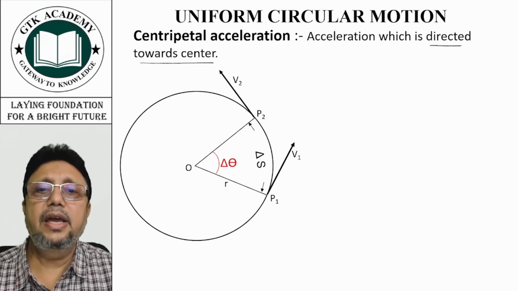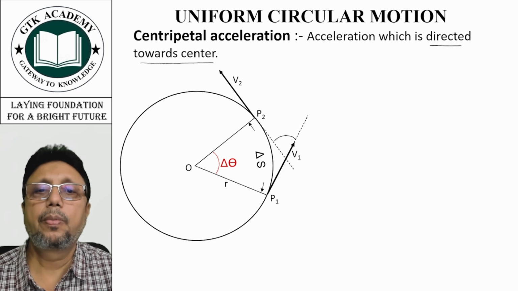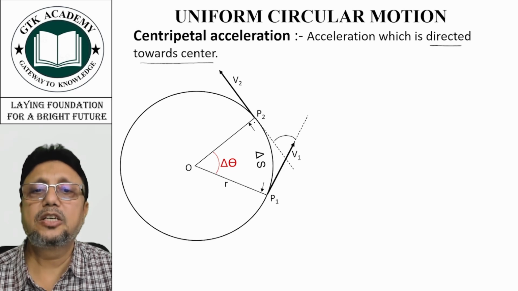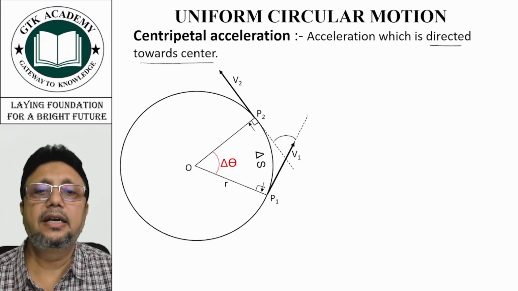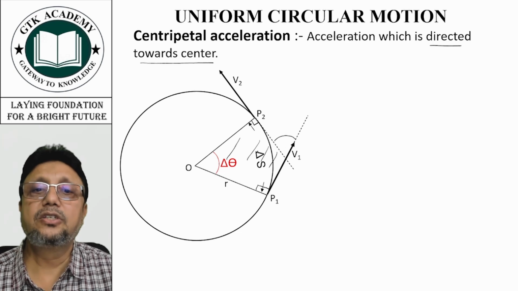Now, if we extend the direction of V1 and V2 like this, what is the angle between V1 and V2? Can you guess? Just pause the video and guess. I think some of you must have guessed it correctly. See, this angle is 90 and this is 90. So this is a quadrilateral. Now, the sum of all angles of a quadrilateral is 360.